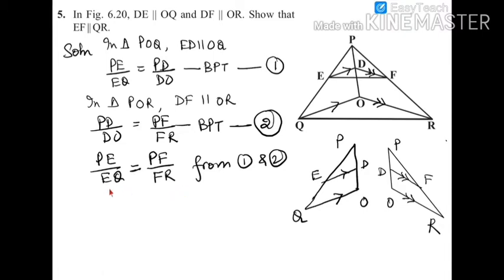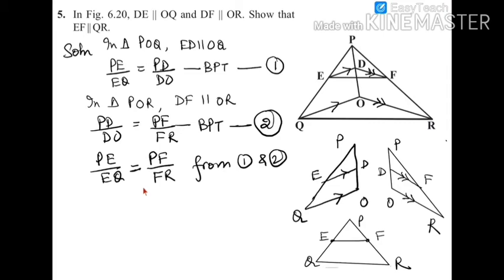Now locate in the figure where these ratios belong. PE upon EQ is equal to PF upon FR. So you can see that these two ratios belong to the sides PQ and PR. We can say that in triangle PQR, points E and F are cutting PQ and PR at two distinct points such that PE upon EQ is equal to PF upon FR.